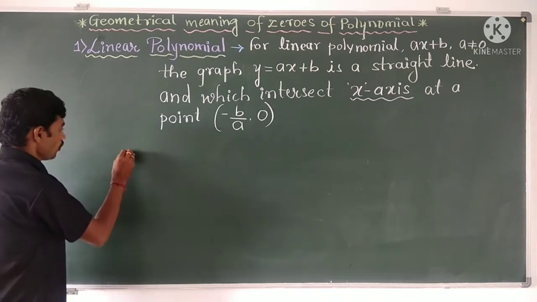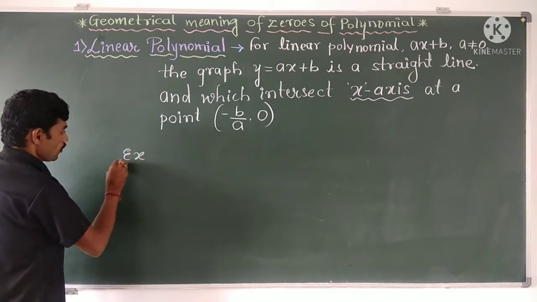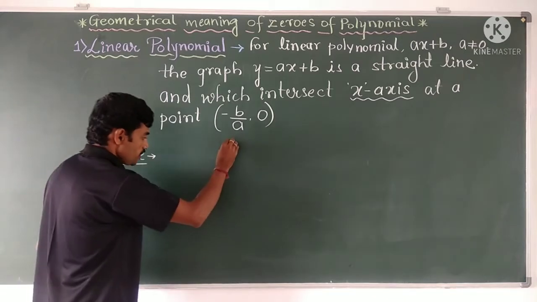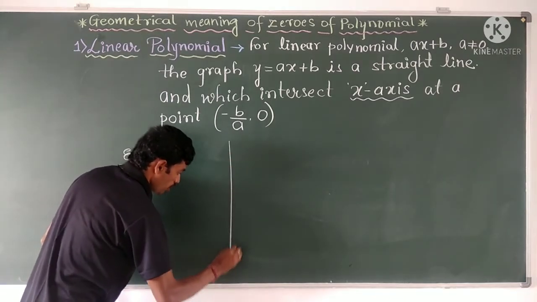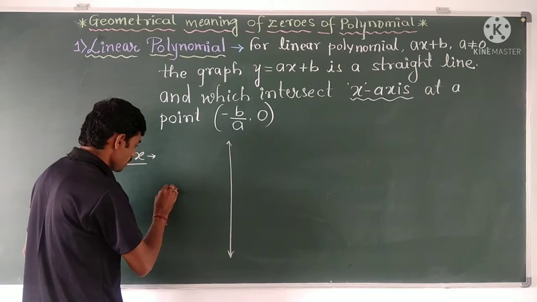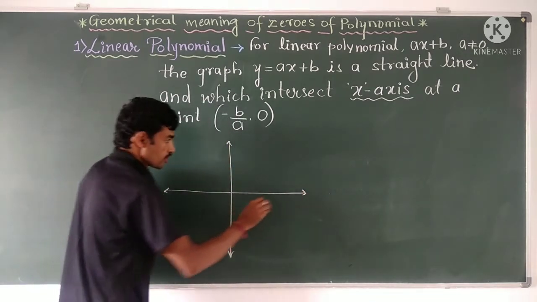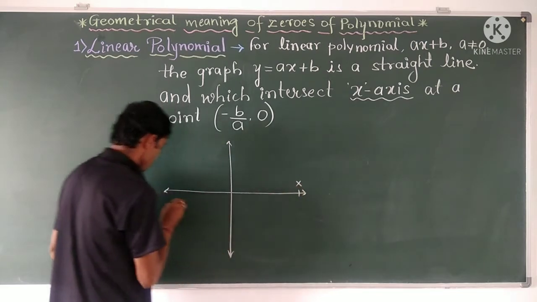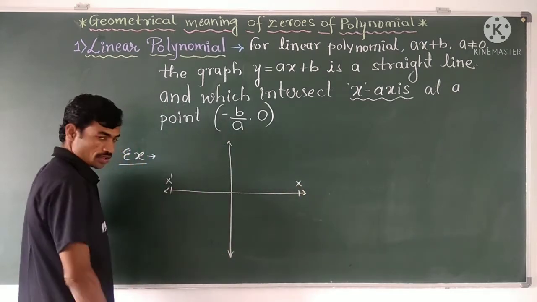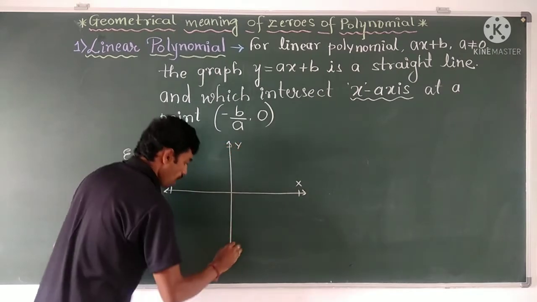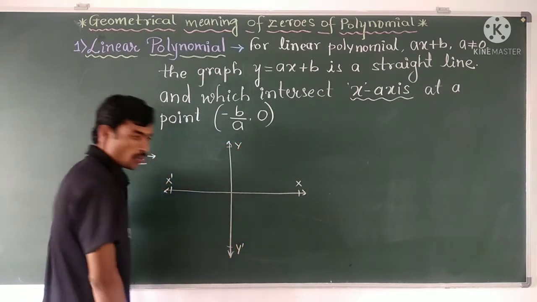One graph I will draw, for example. So this is the y-axis, and this is the x-axis. This is x dash, and this is y dash.